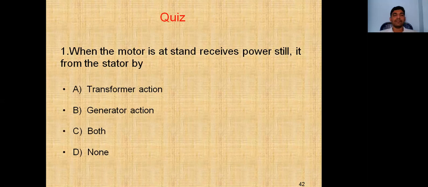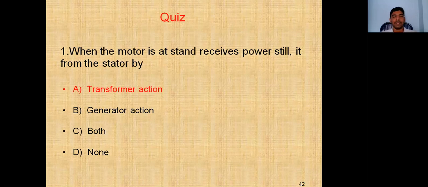When the motor is at standstill and receives power, by transformer action an EMF is induced.